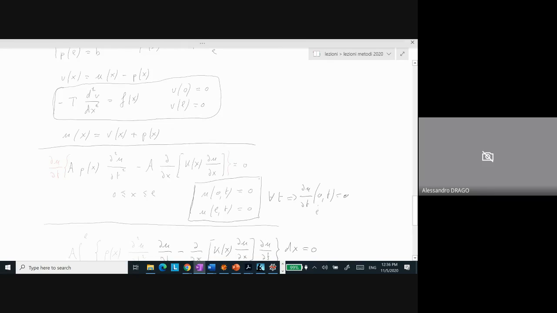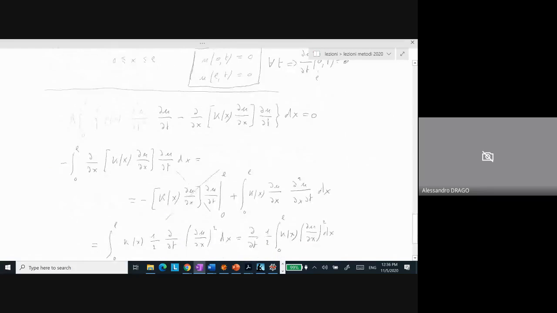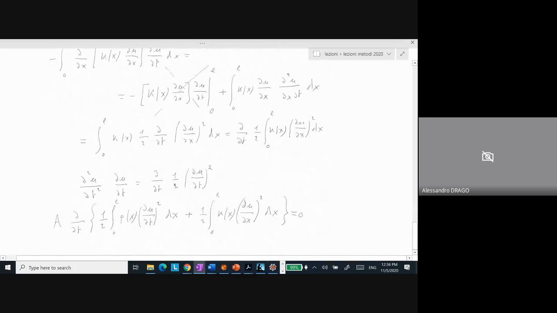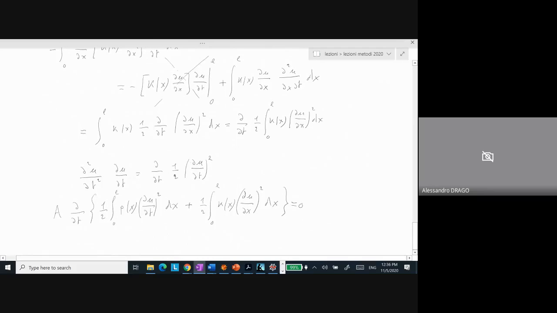And because of that, now we arrive to the conclusion that that equation implies that the derivative respect to time of this quantity is equal to 0. So if u satisfies that equation, then there is this quantity in brackets that is time independent, remains constant with time.